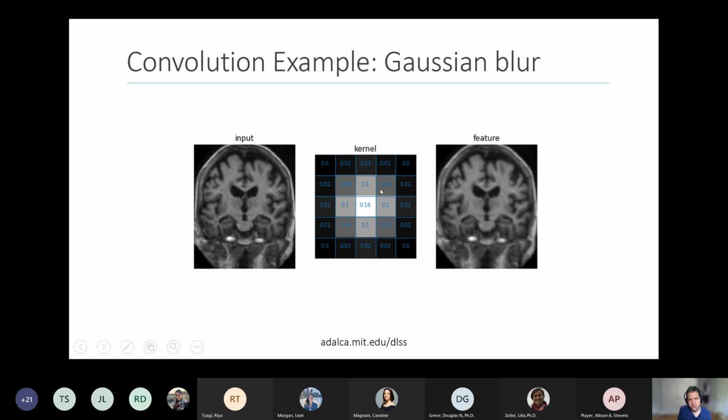And so what this kernel is doing is it's going through the image and it's blurring the image a little bit, mostly emphasizing a copy of the data, but mixed in with the neighbors of every voxel. And so you get this slightly blurrier image. So again, if you go to this address here, there's a bunch more examples of kernels, and you can also play with the kernels yourself and see what the effects are of different kernels.